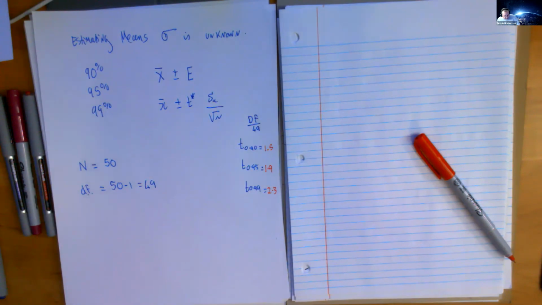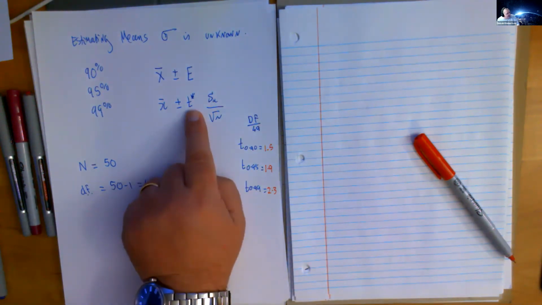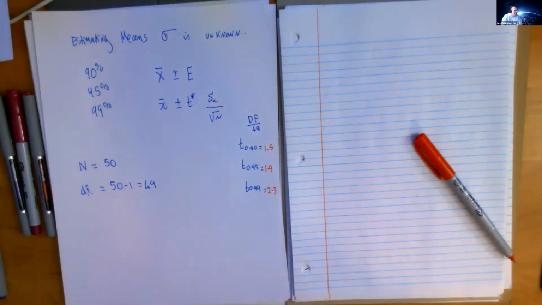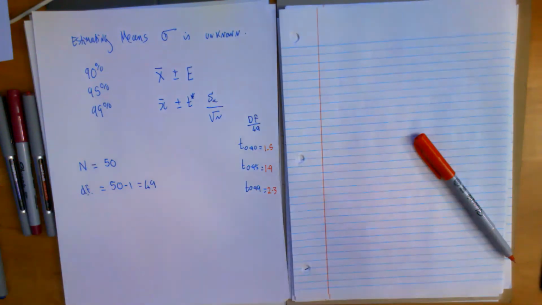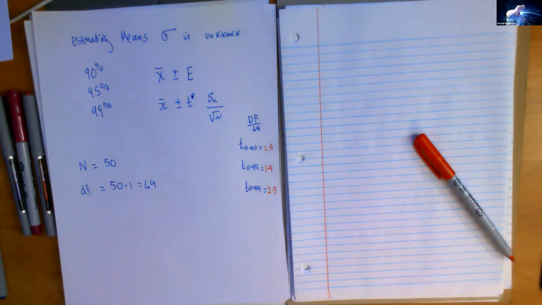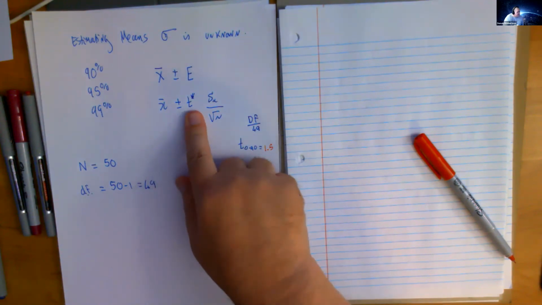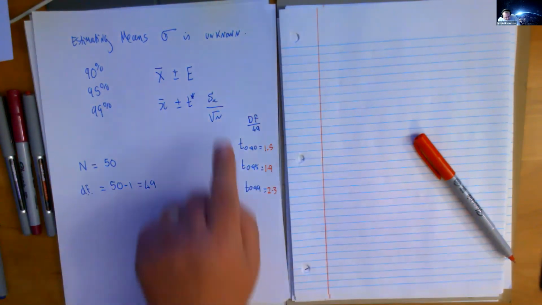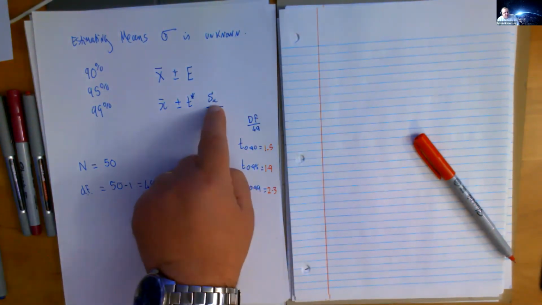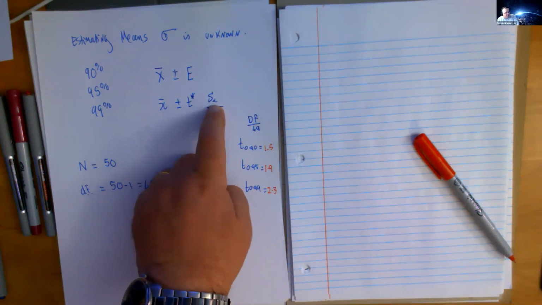So that's going to be a real pain in the butt, right? Because if you wanted to do it by hand, at the back of a textbook, or in your case, at the back of the ebook, there'll be a couple of pages with, along the top, degrees of freedom, and then 90, 95, 99, and what numbers you would use to replace this fella, right? And the second issue is, don't you now need to find the standard deviation of your sample? Right?